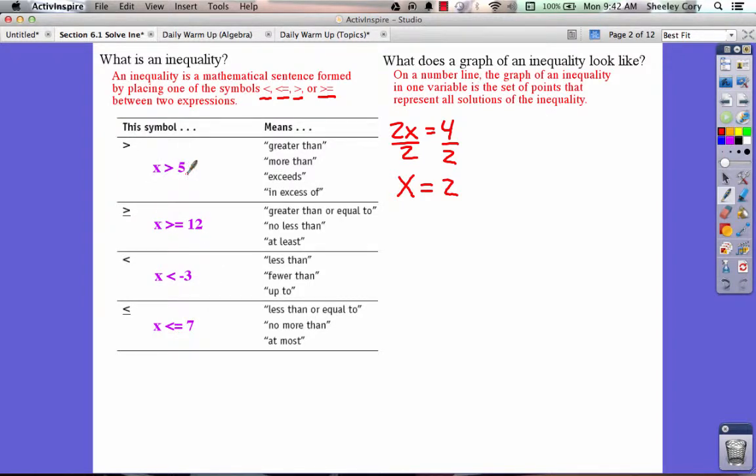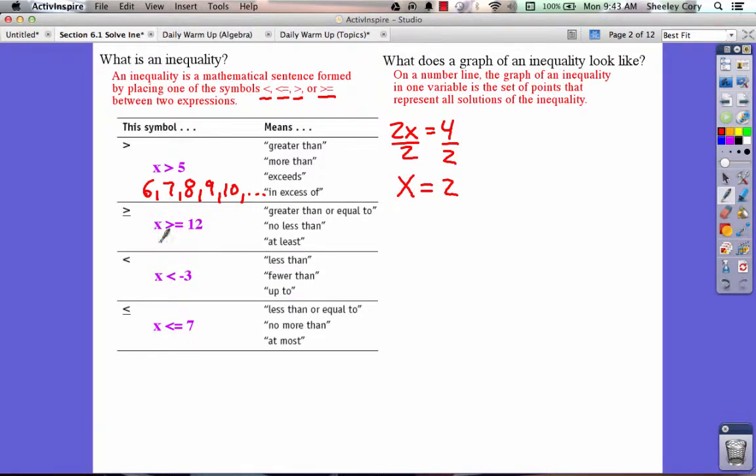x > 5 means that any value of x which is more than 5 satisfies the inequality. So numbers that work for x > 5 would be 6, 7, 8, 9, 10, and so on and so forth, and it goes on forever. x ≥ 12 means the numbers that work have to be greater than or equal to 12.